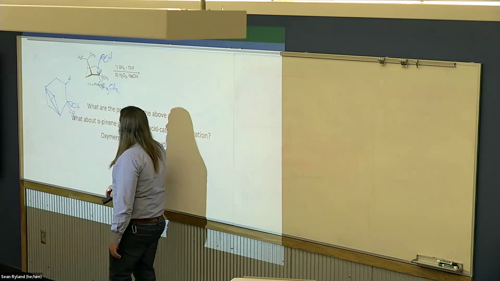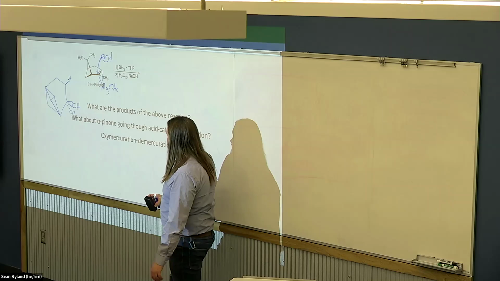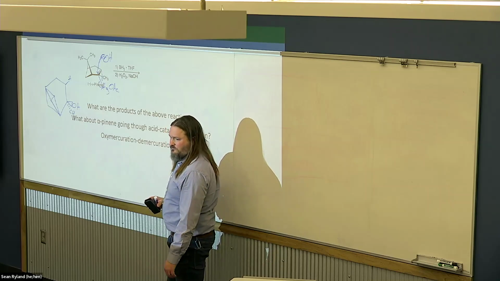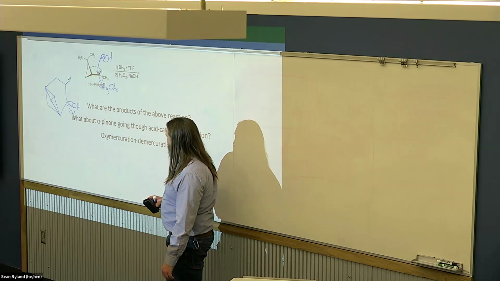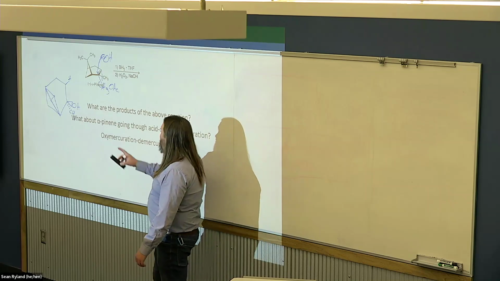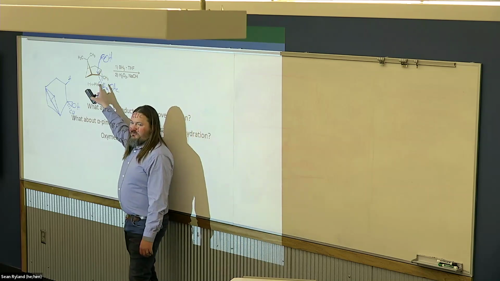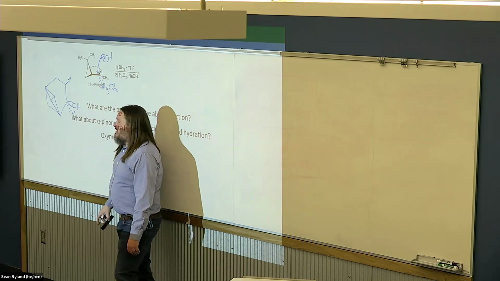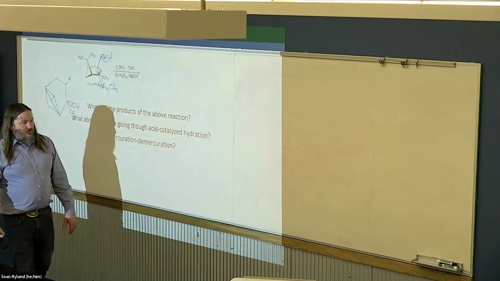All right, so questions about oxymercuration, demercuration? So most of the time, the first step is anti, and then you lose that specificity with the demercuration step. Okay, and then it just depends on sterics mostly. Right.